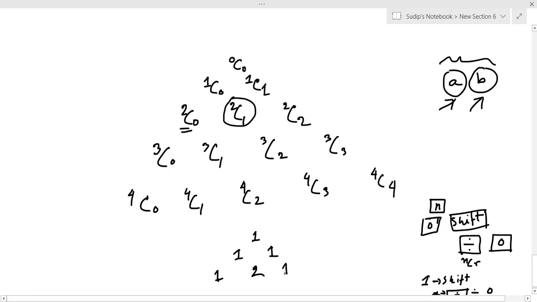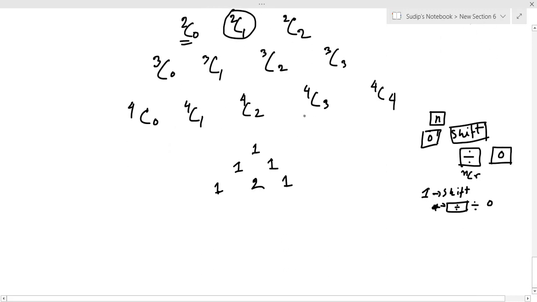Now 3C0 means you are given three balls, A, B and C. You have to take no balls from here, so you have only one option, which is take nothing, that is 1.